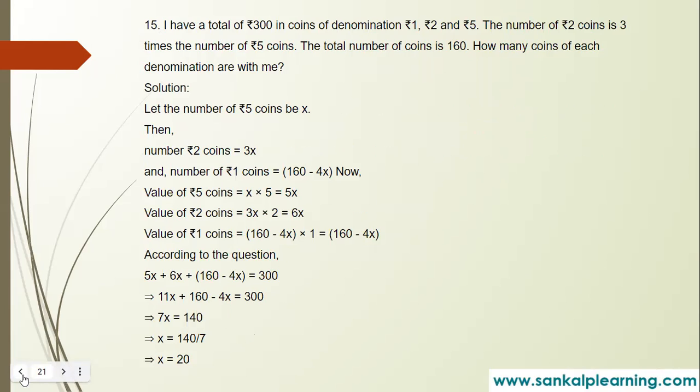Number of coins 160 ಇದೆ. Amount ಎಷ್ಟಿದೆ 300 ಇದೆ. Okay, don't confuse. Number of coins is 160. Amount is 300. Okay. Let us see how to find the number of 1 rupee, 2 rupee and 5 rupee coins, children.